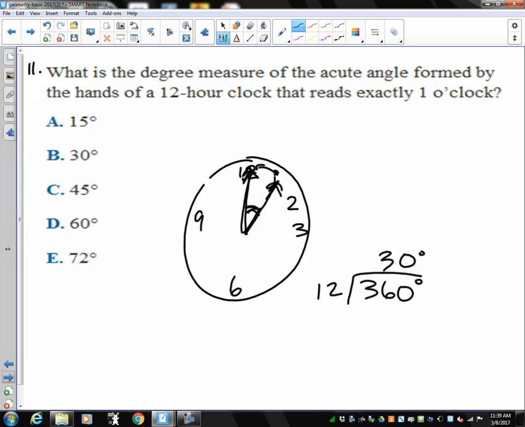Now, since it's just on 1, it would just be 30 degrees. So, for instance, if it was on 2, it would be 60 degrees. If it was on 4, it would be 120 degrees. Every hour that you're moving is 30 degrees there.